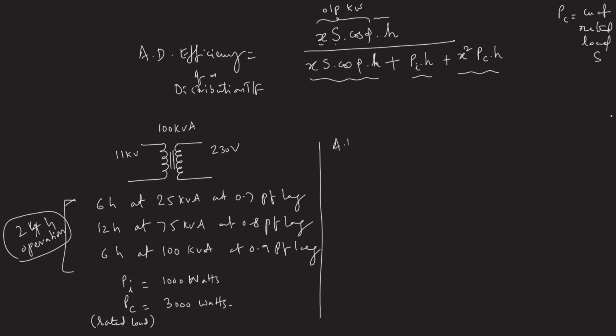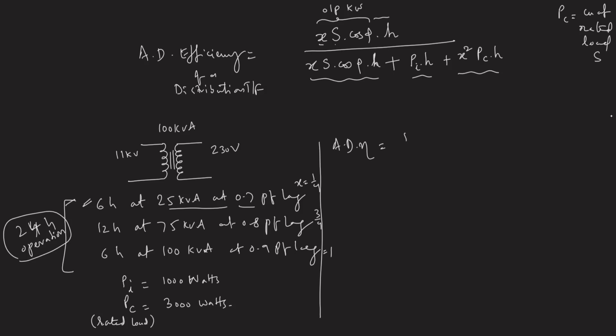So all day efficiency equals, first let me take 6 hours of operation at 1/4 load at this power factor. So x equals 1/4 in this case, x equals 3/4 in the next case, and x equals 1 in the last case.